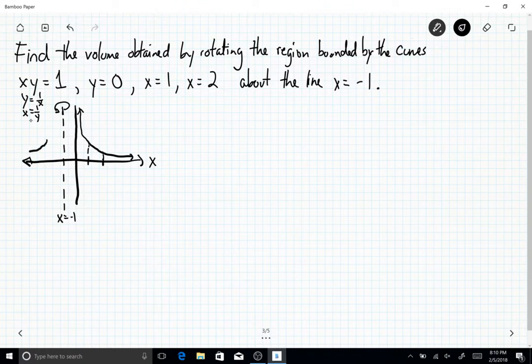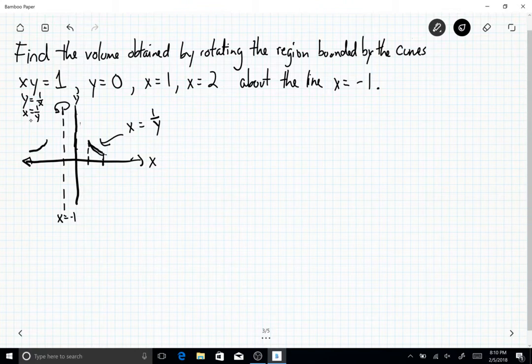I can erase that part of the curve and this part of the curve, and this is all we're really focused on. As we mentioned, we have to put it in terms of y: x equals 1 over y, because we're revolving around something similar to the y-axis.